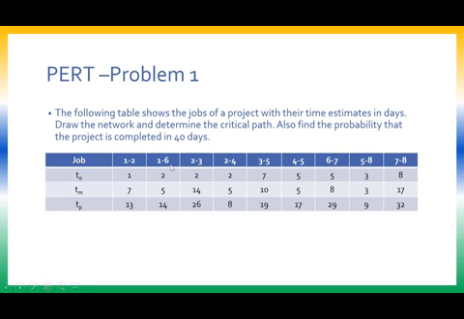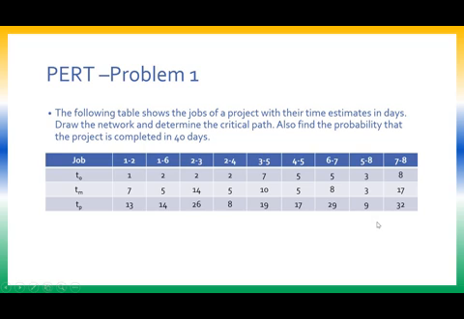Similarly for all other activities, 1 to 6, 2 to 3, 2 to 4, 3 to 5, 4 to 5, 6 to 7, 5 to 8, and 7 to 8, the time estimates are as given below. It will be 2, 5, 14, 2, 14, 26, 2, 5, 8, 7, 10, 19, 5, 5, 17, 5, 8, 29, 3, 3, 9, 8, 17, 32.